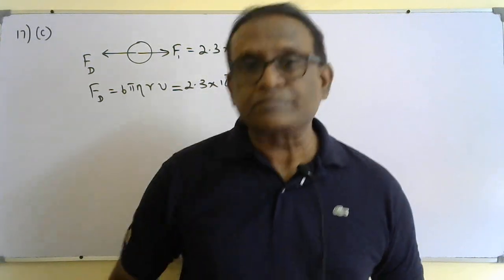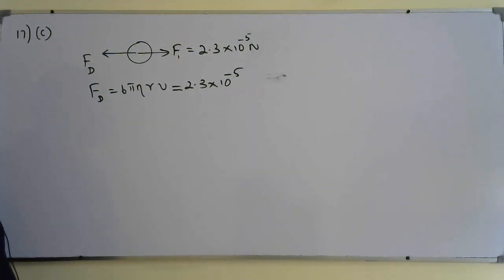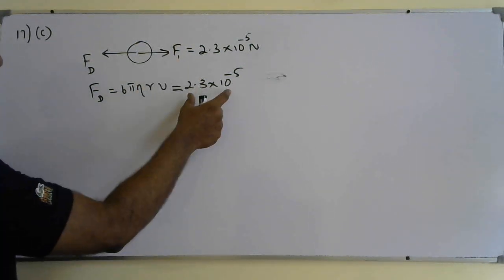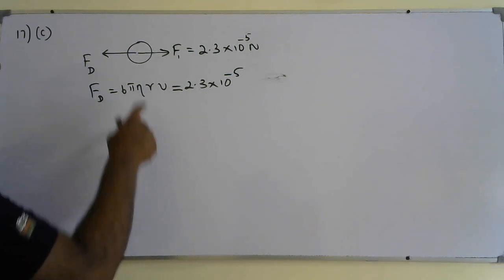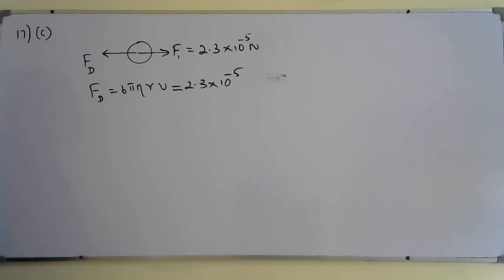Therefore, at a lower speed, it will reach the maximum speed. At the lower speed, it will be able to balance this quantity. R is increasing, η is increasing, which means V will become smaller. That's very simple mathematics, but we need to put it in words.